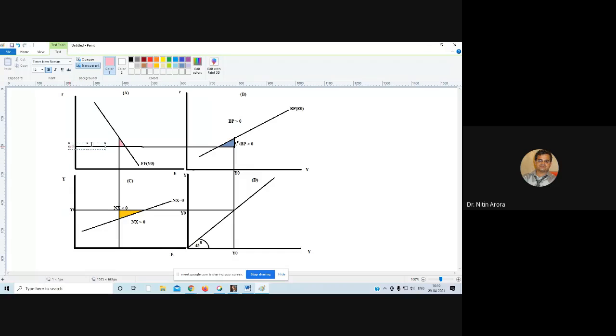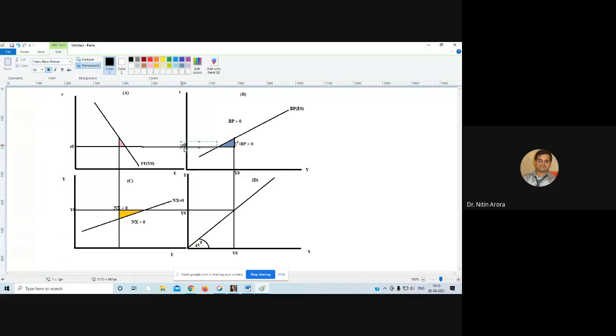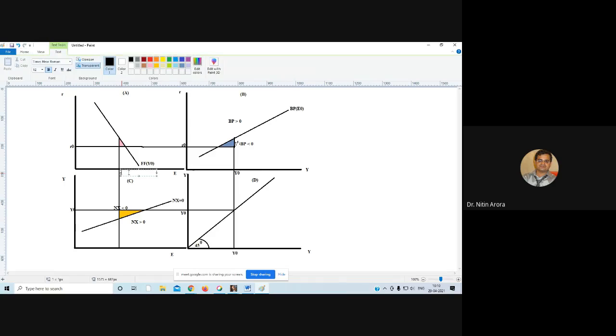Here also the interest rate is R naught. At R naught interest rate, the pink area is the surplus generated in the capital account with Y0 level of income and exchange rate E naught.